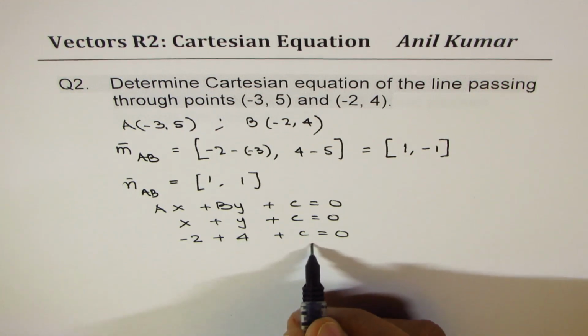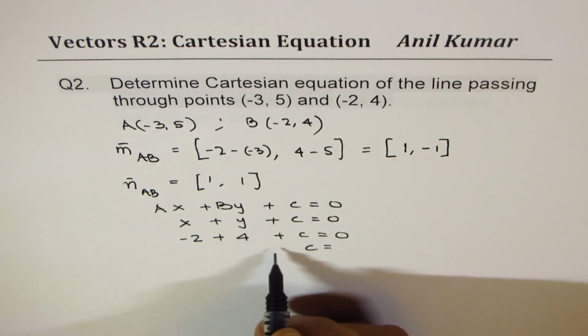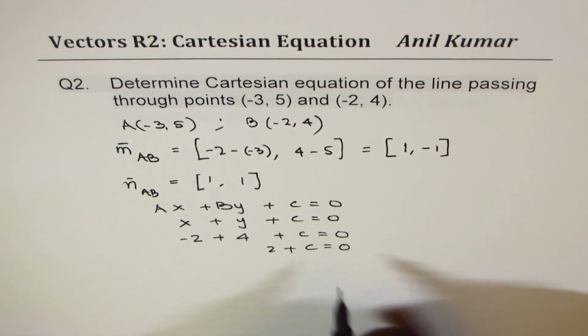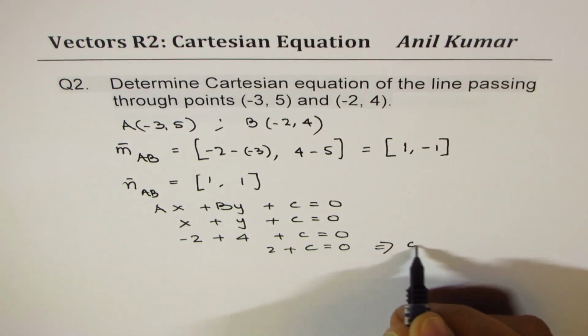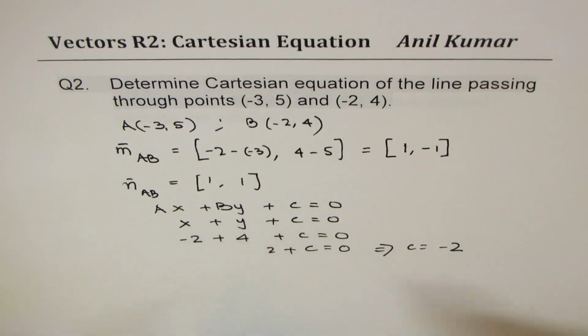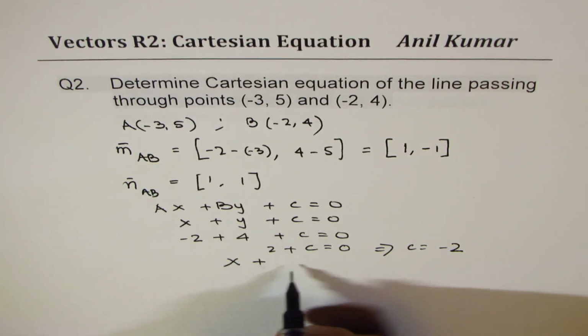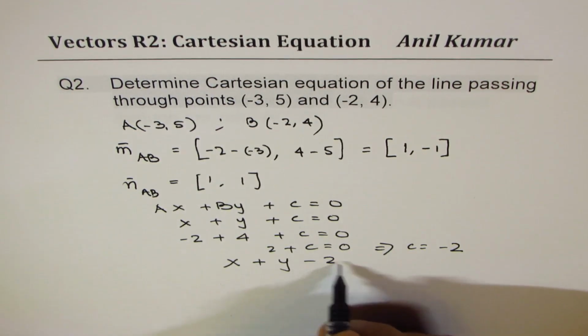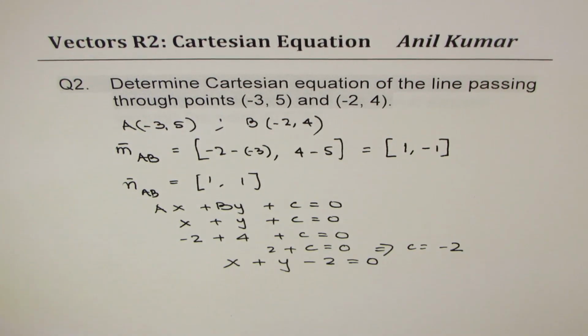So this is 2 plus c equals to 0, and that gives you c equals to minus 2. Since c is minus 2, I could write the equation of the line as x plus y minus 2 equals to 0. Correct?